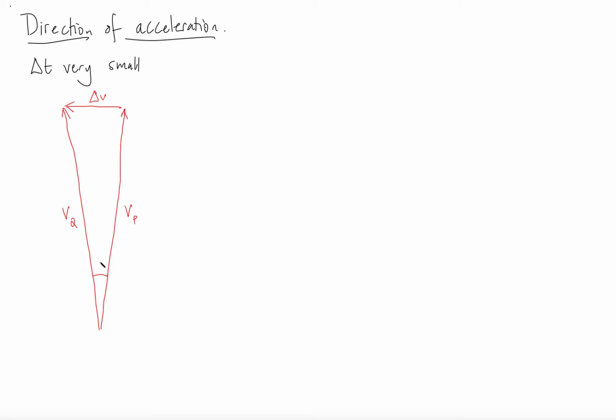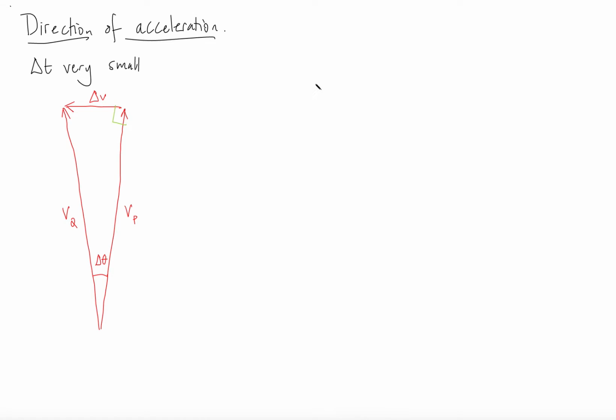Well, as this angle gets very small, then we can approximate this angle to be a right angle. So the change in velocity, which is directly proportional to the acceleration, becomes normal to the initial velocity.